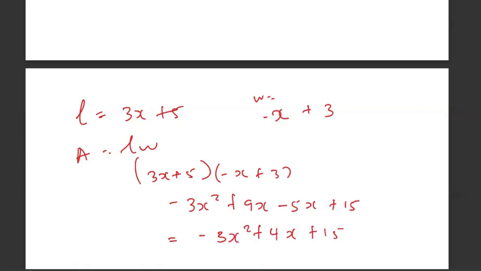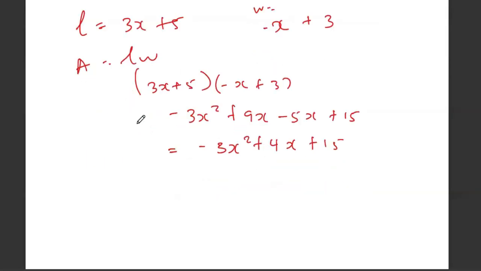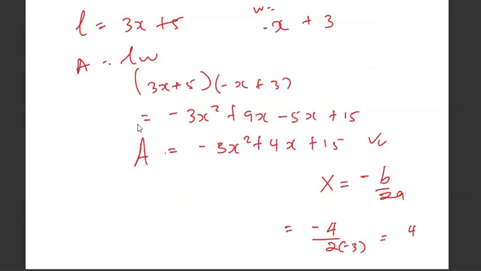So this is a parabola. But for us to get the maximum value, this formula represents the area. We know that for the maximum, we can get the turning point, negative b over twice a, which is going to be negative 4 over 2 times negative 3. So it's a 4 over 6, which becomes pretty much a 2 over 3.